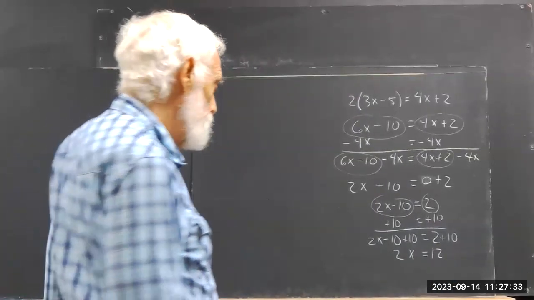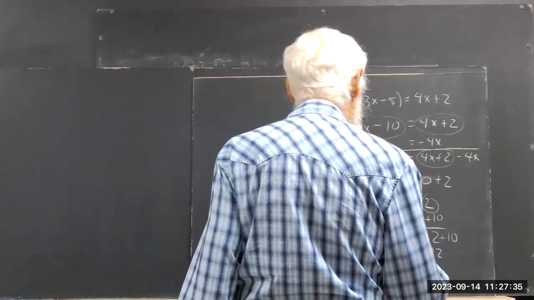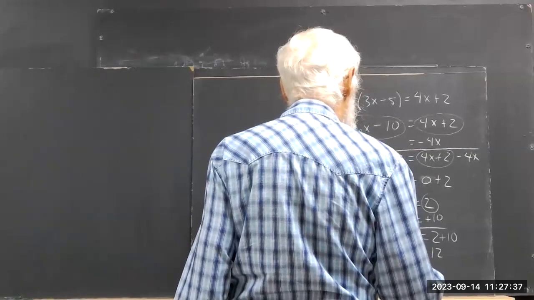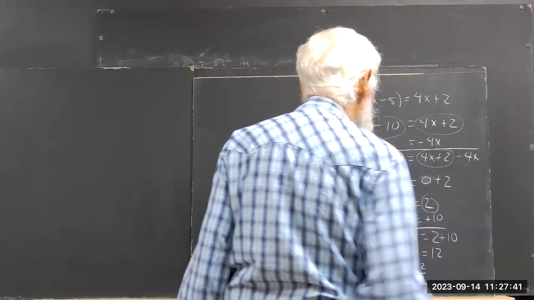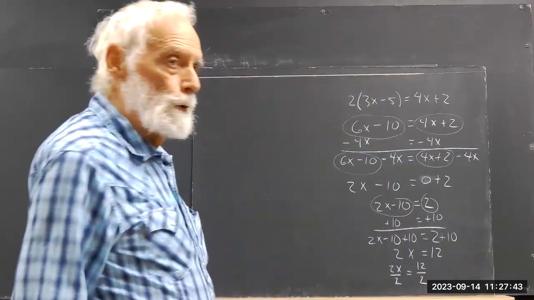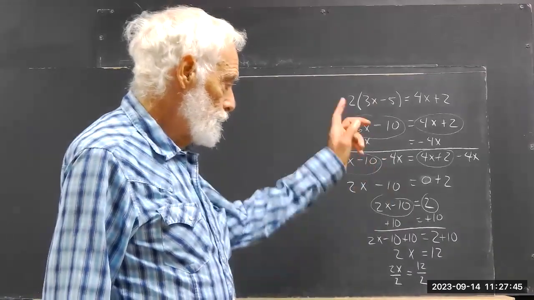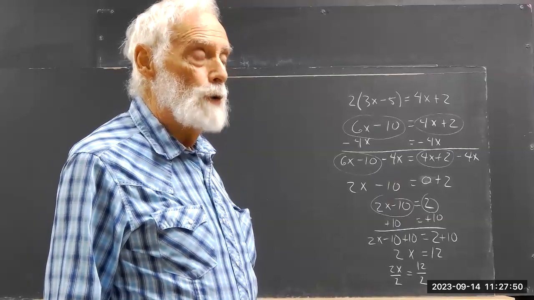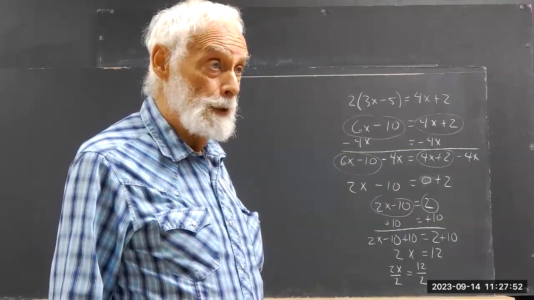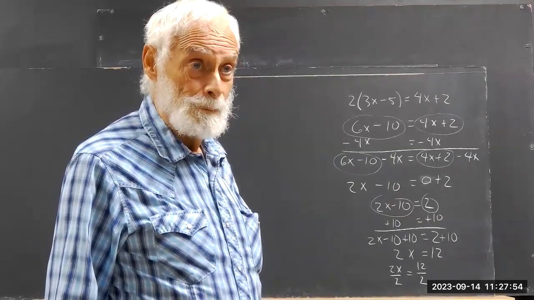And now what do we do? We divide both sides by 2. I'd really prefer that you not draw lines through these things because people don't understand the rules for cancellation. Most people don't.